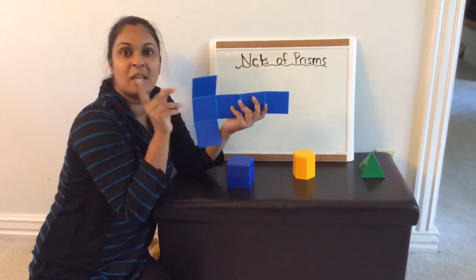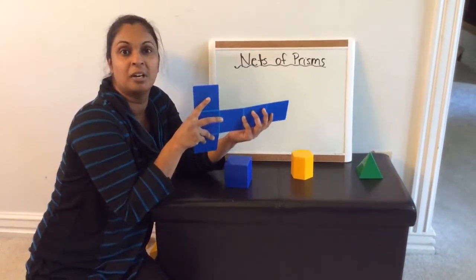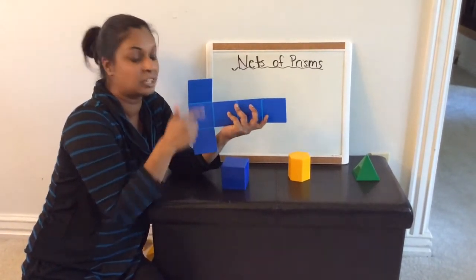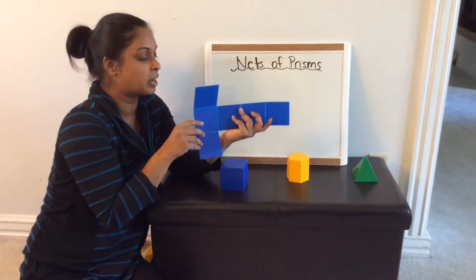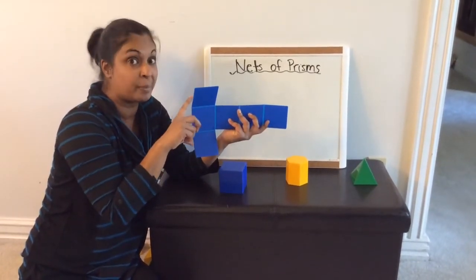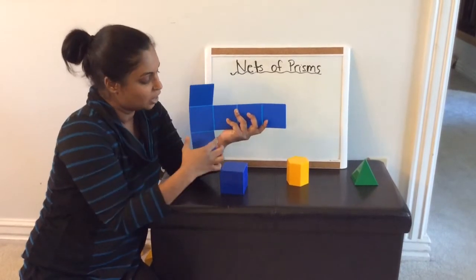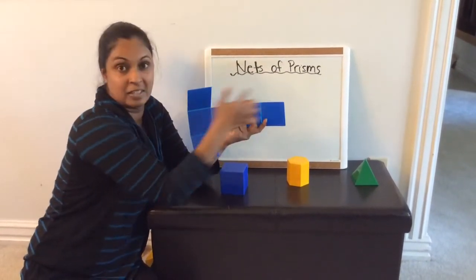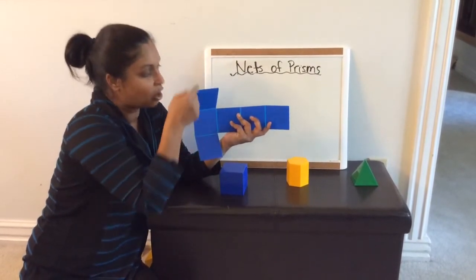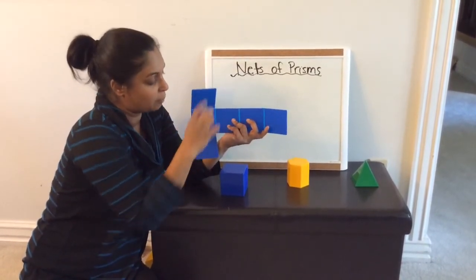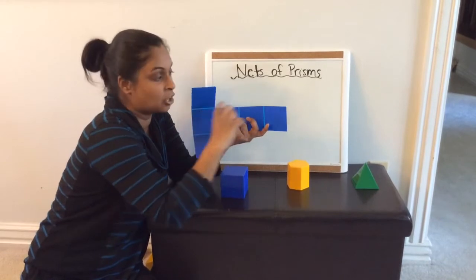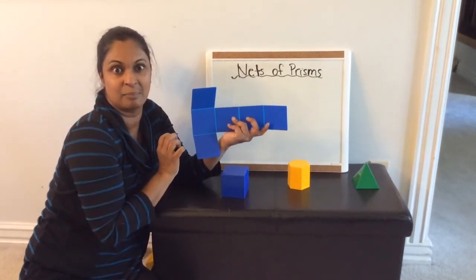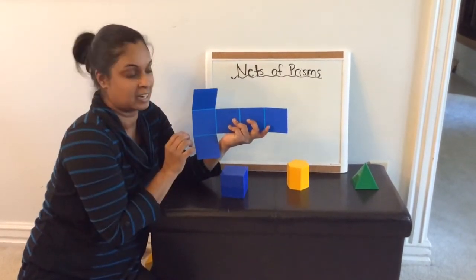But the number one thing you're going to look for when you're identifying where the position of the base should be is you want to make sure that they are on opposite sides like this. You could not have this base up here next to this one along the same row. They need to be opposite from each other in relation to all the rectangles that connect them. In this case, all the squares that connect them.